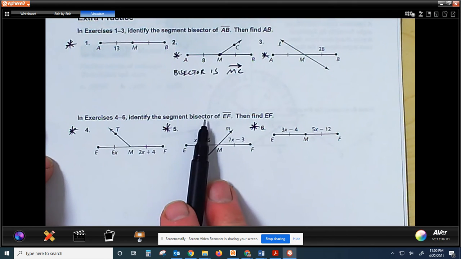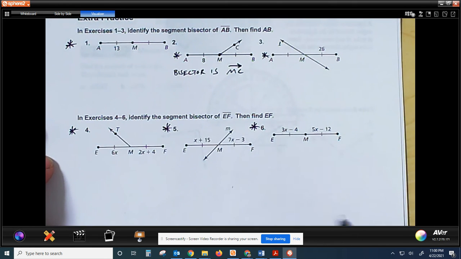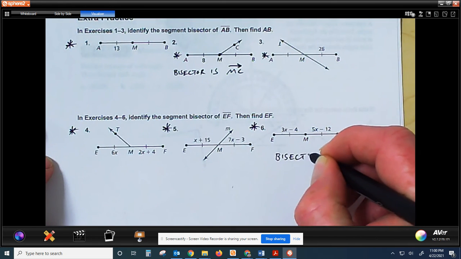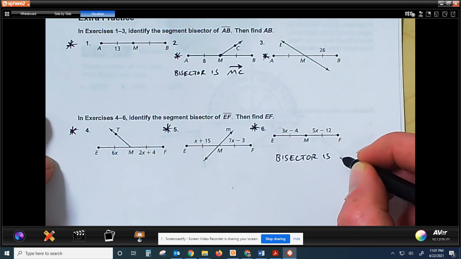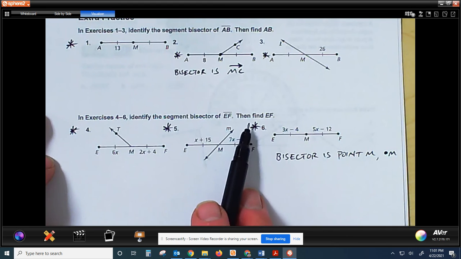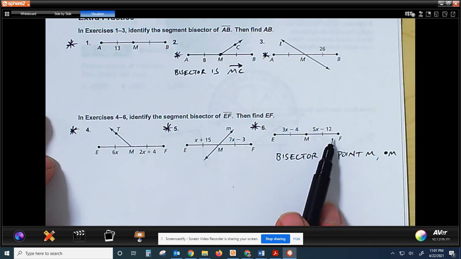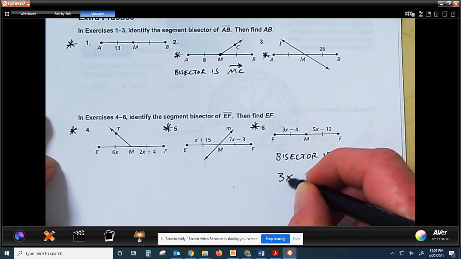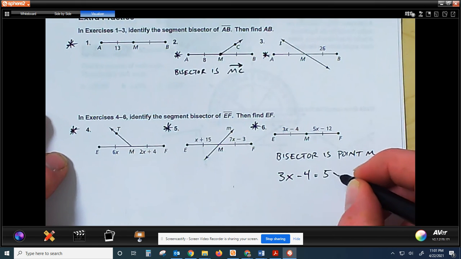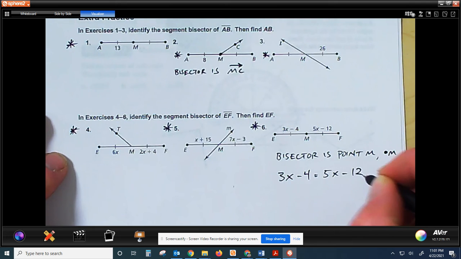Okay, identify the segment bisector of E to F. So bisector here is point M. Okay, I could also say point M. And find E to F. Okay, the full length. 3x minus 4 is equal, because of the bisector, to 5x minus 12.